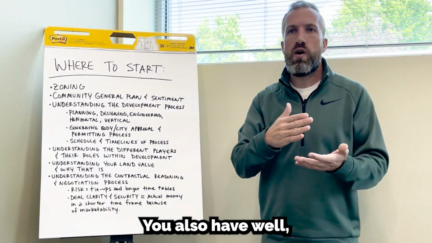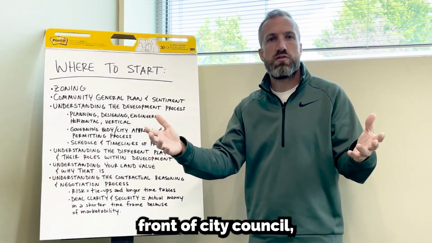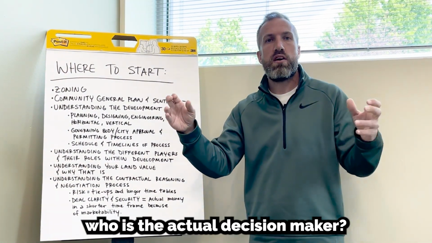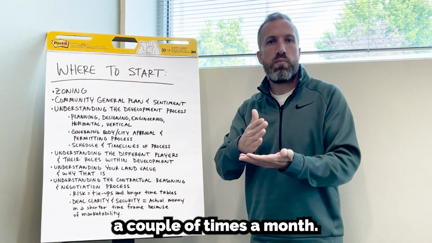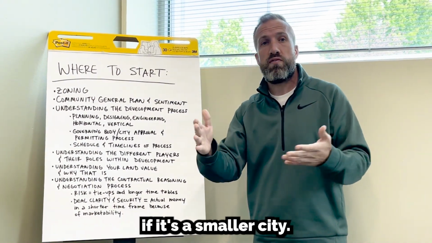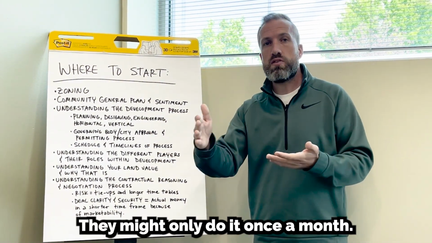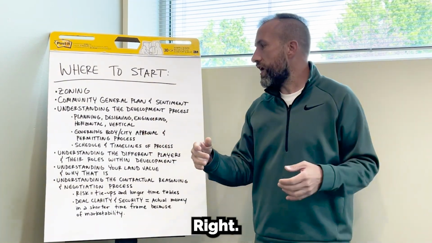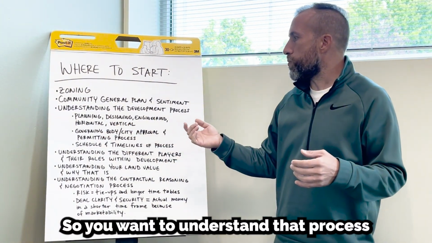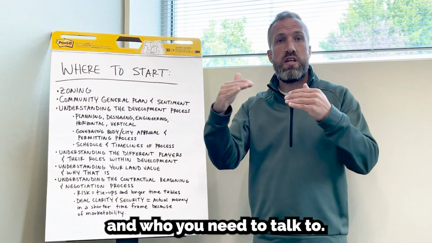You also have, well, if you want to get in front of city council, who is the actual decision maker, you can do that a couple of times a month, or maybe, if it's a smaller city, they might only do it once a month, right? So you want to understand that process and who you need to talk to.